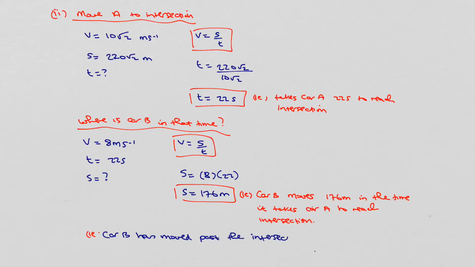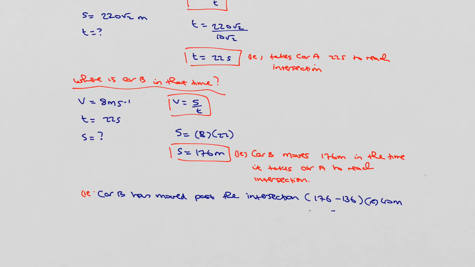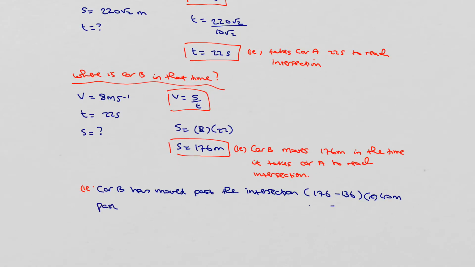And how far past the intersection has it moved? Well, 176 minus 136 is 40 metres. So 40 metres past the intersection.